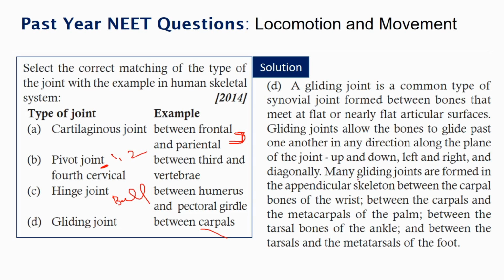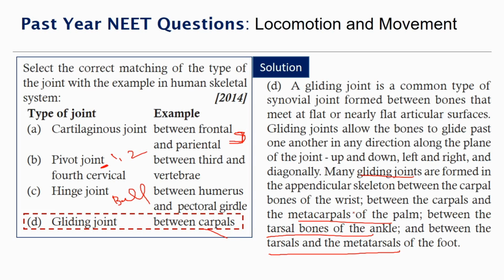Many gliding joints are formed in the appendicular skeleton between the carpal bones of the wrist, between the carpals and the metacarpals of the palm, between the tarsal bones of the ankle, and between the tarsals and the metatarsals of the foot. So they have given the location of the gliding joints. That's what helps in approximation and movement. So the answer is gliding joint between the carpals and also in the tarsals and the metatarsals.